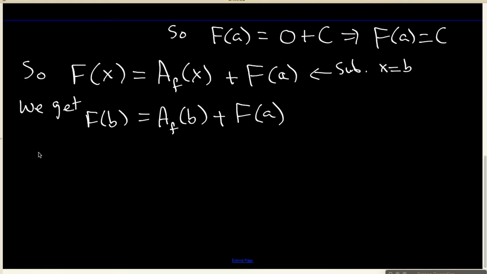But what does this say? If I want to find the area, I want to solve for this.